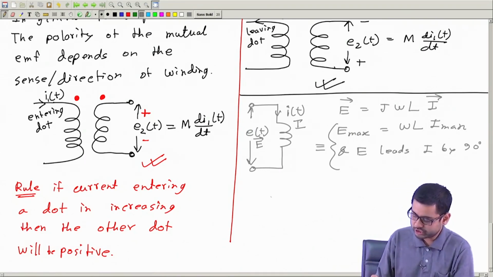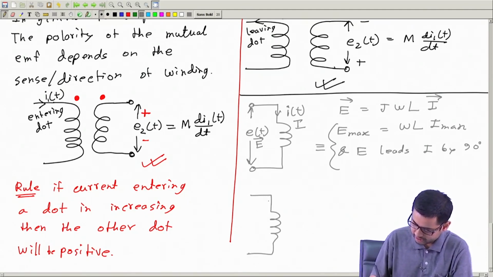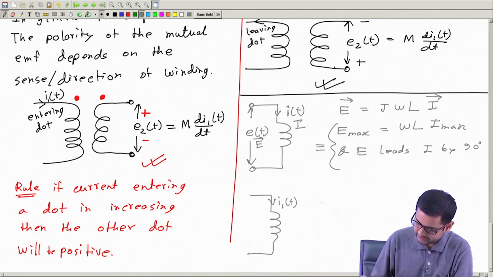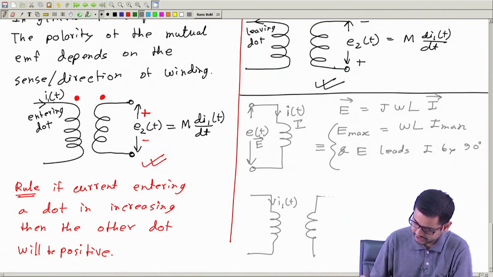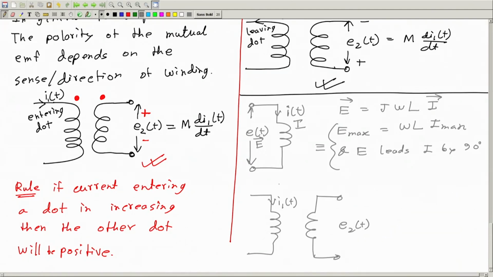So therefore, for mutual inductance also, if we have two coils, call this current i1(t), and if we have the EMF induced, call it e2(t). I have made a mistake in the previous diagram. I have forgotten the plus minus sign.